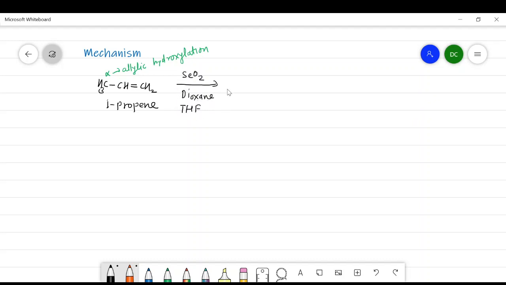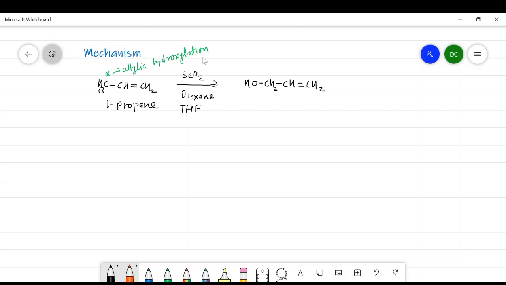In this case, dioxane is used. Then what happens? This CH3 group is converted into CH2OH. So there is an allylic hydroxylation that occurs in presence of SeO2.